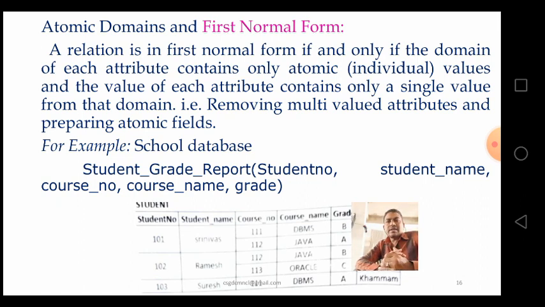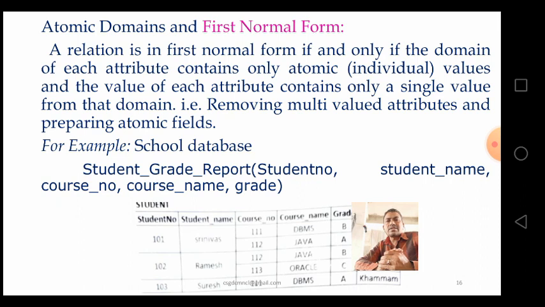A relation is in first normal form if and only if the domain of each attribute contains only individual values and the value of each attribute contains only a single value from that domain.